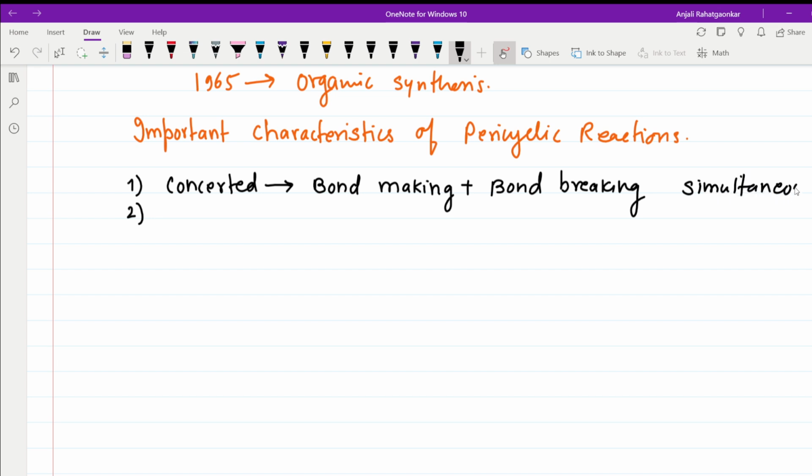The reaction takes place in a cyclic manner. Another most important characteristic is that there is no role of acid or base in the reaction. It doesn't require any acid or base.